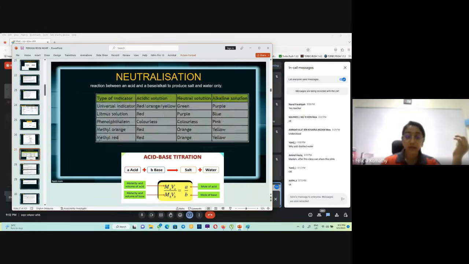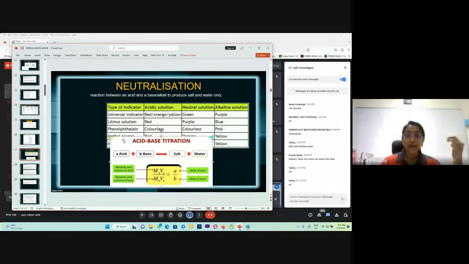Okay. Now we go for acid-base titration. For acid-base titration, any calculation involving acid in reaction with base, where they ask you to calculate the molarity or volume of acid or alkali, kindly use this formula: MAVA over MBVB equals a over b.